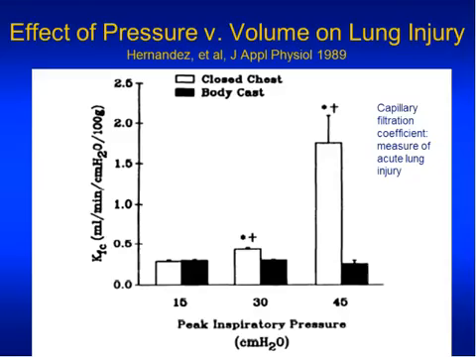What is very surprising to many, I think, is that when you constrain the chest wall movement so that the delivered tidal volume in fact remained in the physiologic range, despite exposure to those very high pressures, there was no increase in the capillary filtration coefficient. So pressure, without causing a correspondingly large volume, does not in fact injure the lungs.